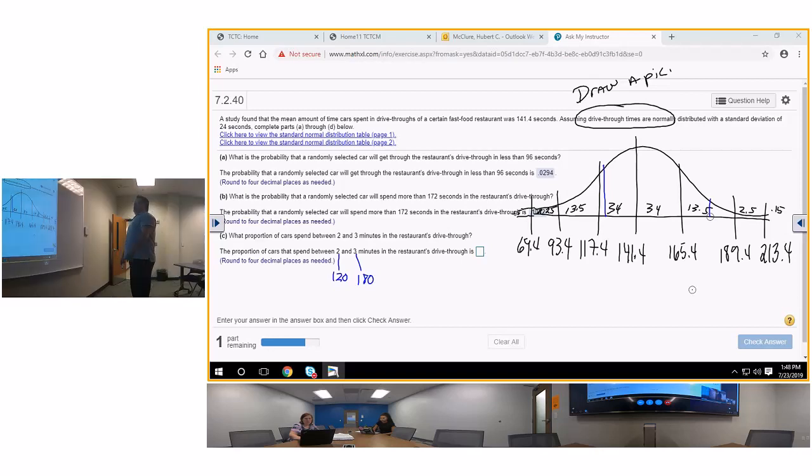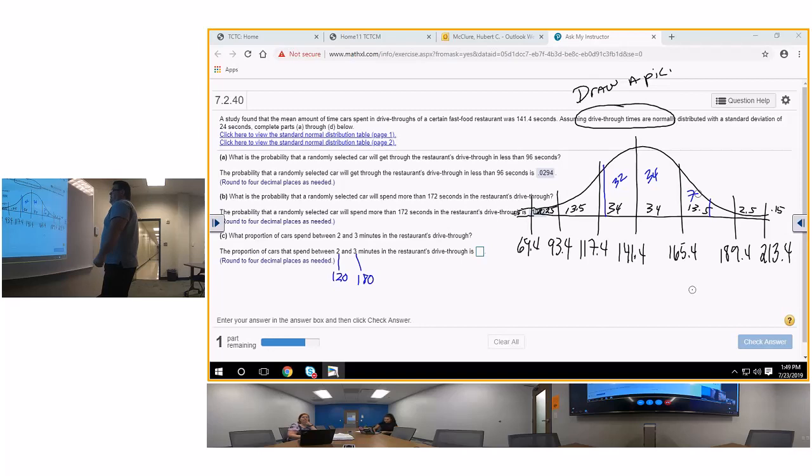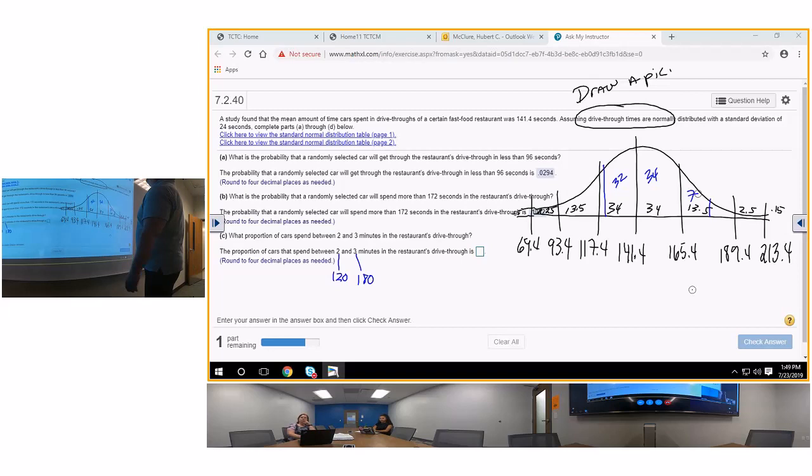So I'm going to say this is 32, 34, and that's 7. What's 32 plus 34 plus 7? 73. Okay, I'm going to say around 73% or 0.7300.